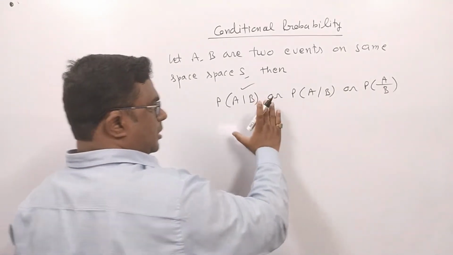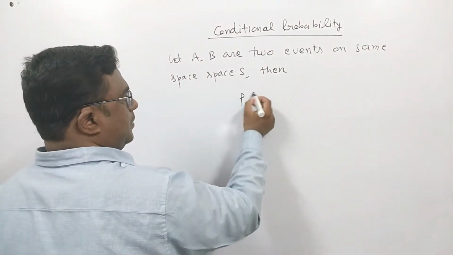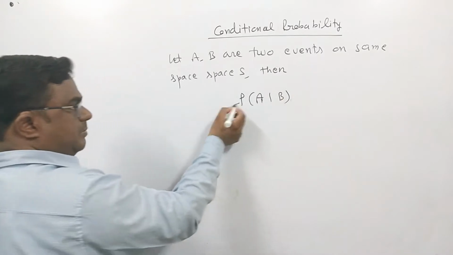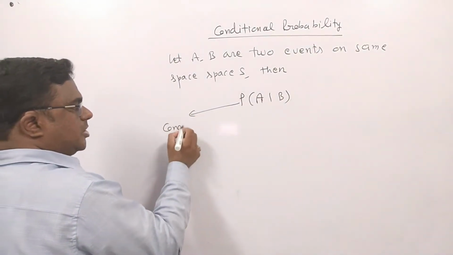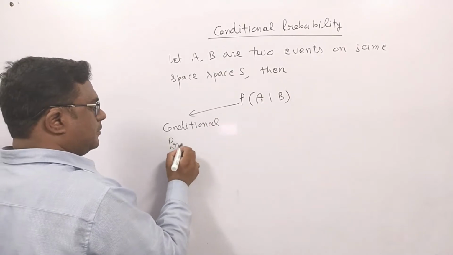So let us understand the meaning of P A upon B. In this, P means conditional probability.